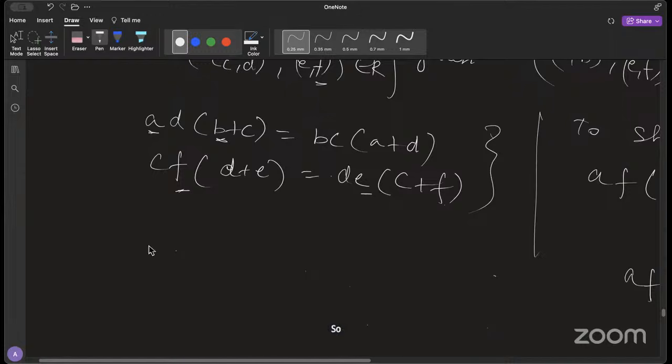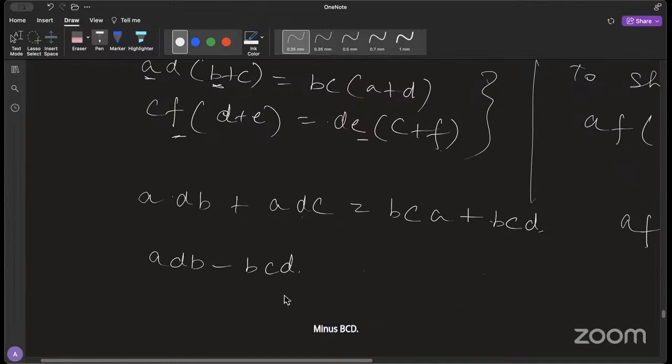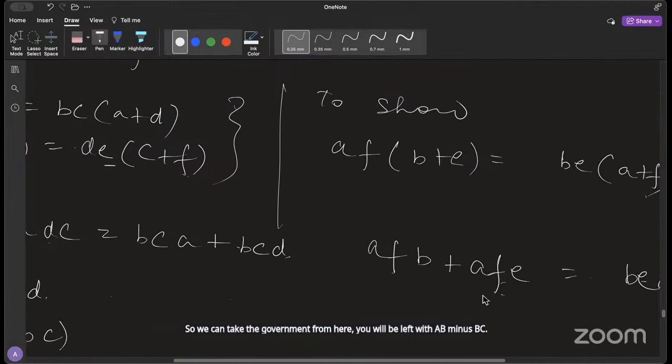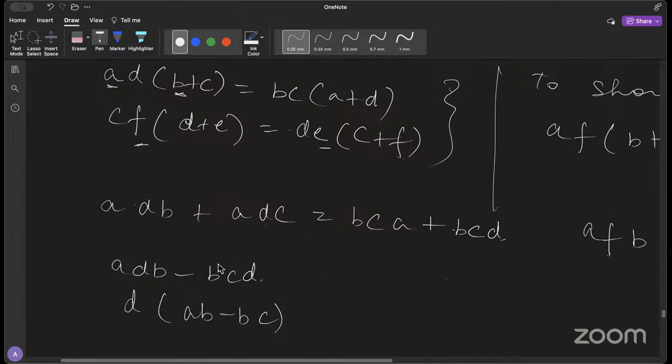So this will be ADB plus ADC. So if we have to eliminate D, we'll have to take this D here, and it will be ADB minus BCD. So we can take D common from here. You will be left with AB minus BC. We also have to eliminate C. Okay.